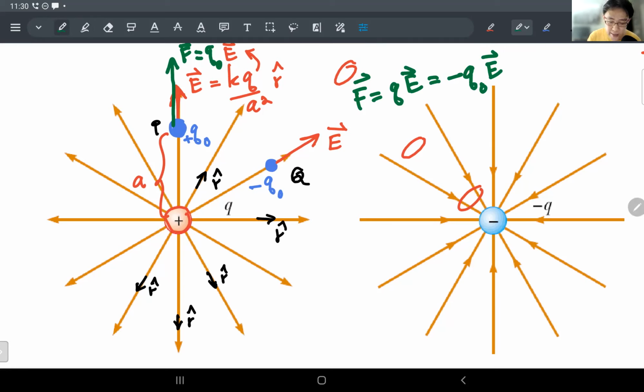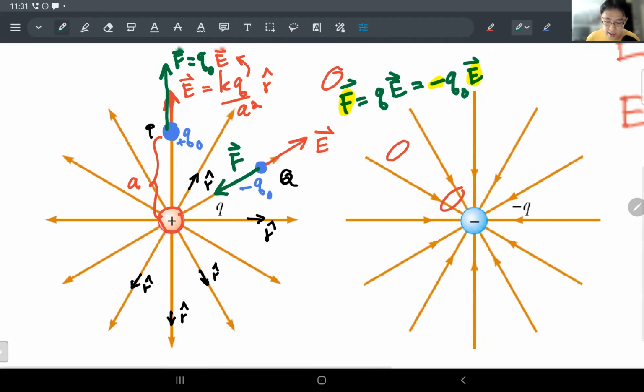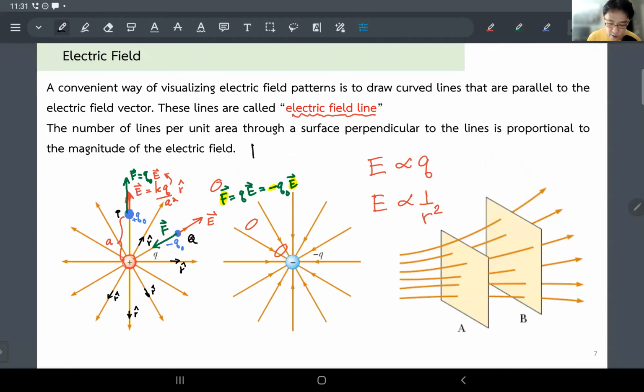And the negative sign in the vector equation means it's going to point in the opposite direction. Wherever the E is pointing, the F will point in the negative direction, opposite to the E. So this is the reason that the force acting on this negative Q naught charge is pointing opposite to the E. See? Cool. So the equation that says force equals Q times E is very good.